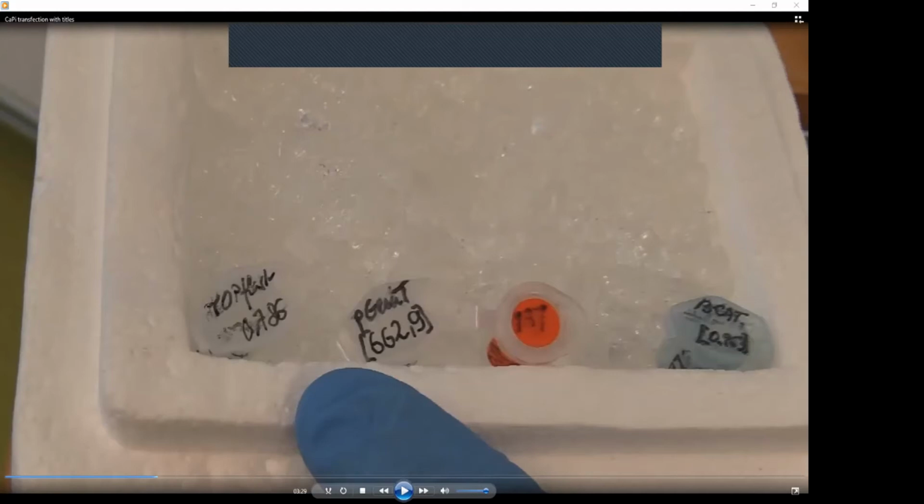That means that we will have a sample with no T7 DNA and no beta-catenin, so we have to complement the amount of these two DNAs with this empty vector DNA. This is just for explanation of these samples which you see here.